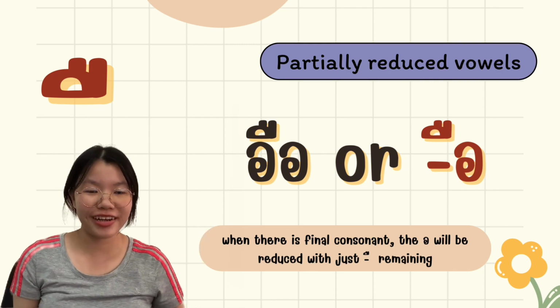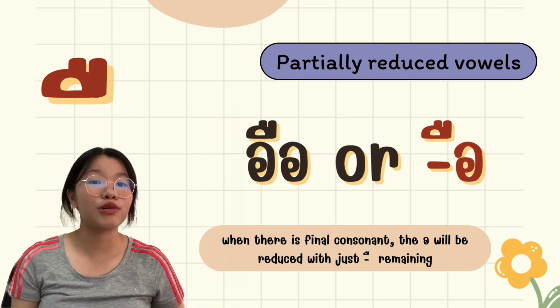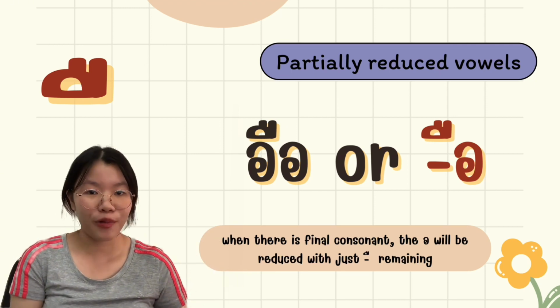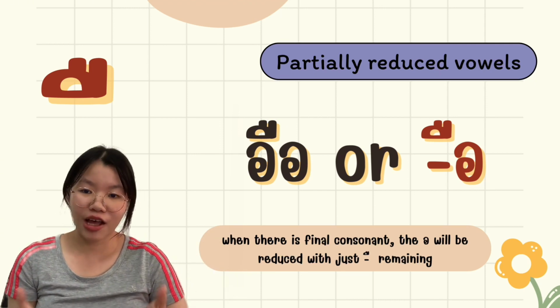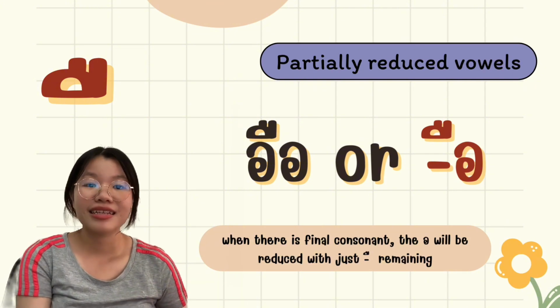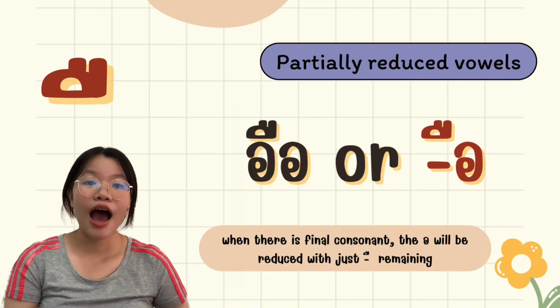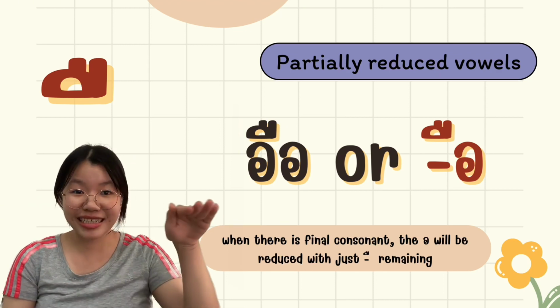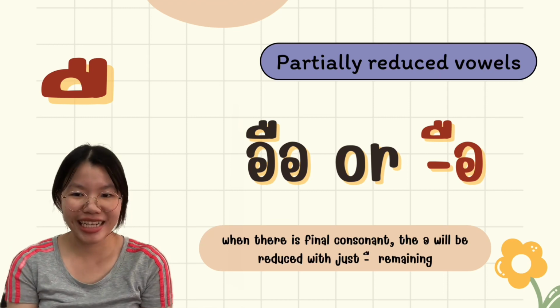And we are here with group 2, partially reduced vowels. First one of the partially reduced vowel group is สระอือ. Repeat after me. That's right.